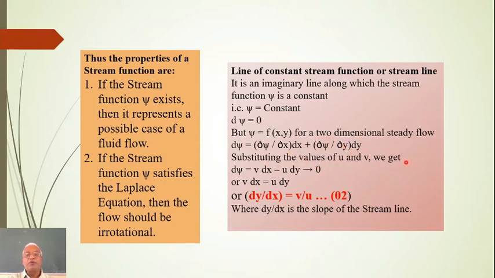Substituting the values of u and v, dou psi by dou x is v, so this becomes v dx, and dou psi by dou y becomes minus u dy, equal to 0. So this becomes v dx equal to u dy, or dy by dx equals v by u. This is equation number 2, where dy by dx is the slope of the streamline.